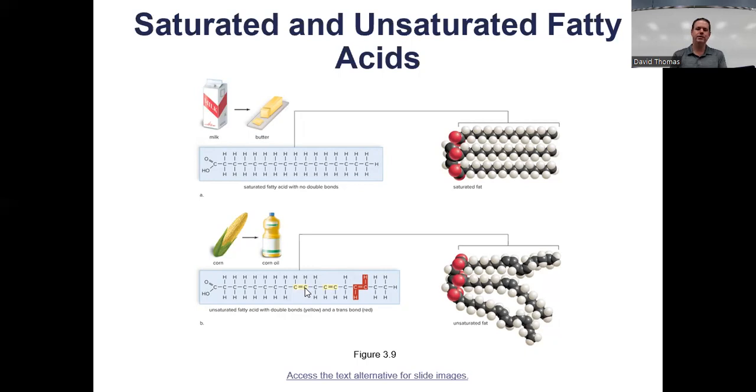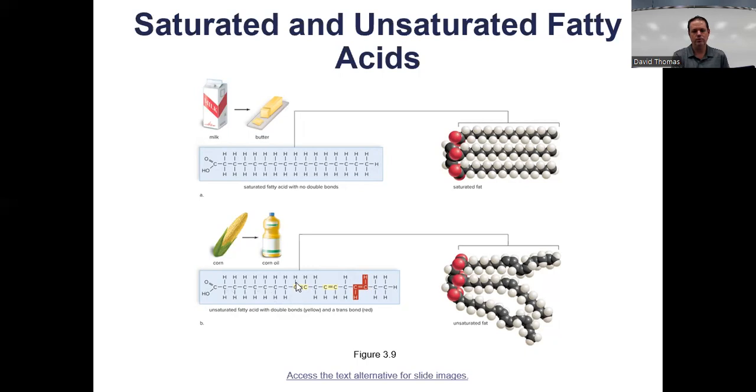The saturation here refers to whether or not that molecule is saturated with hydrogen. So if you look at the unsaturated fatty acid, it's not saturated with hydrogen. There are some spaces here because you can't have more than 4 bonds to that carbon. You can count them up.